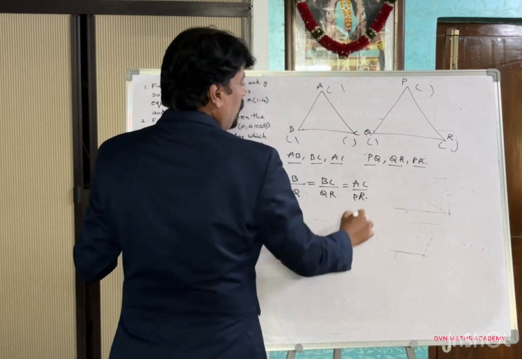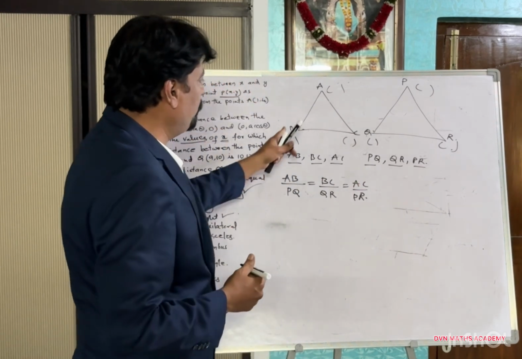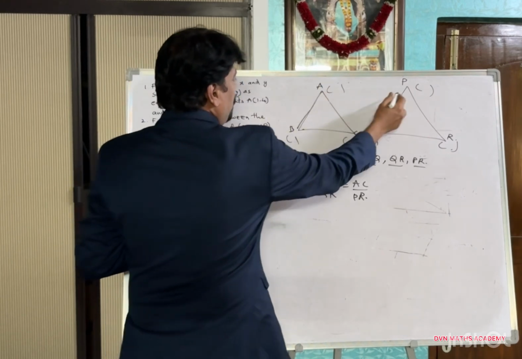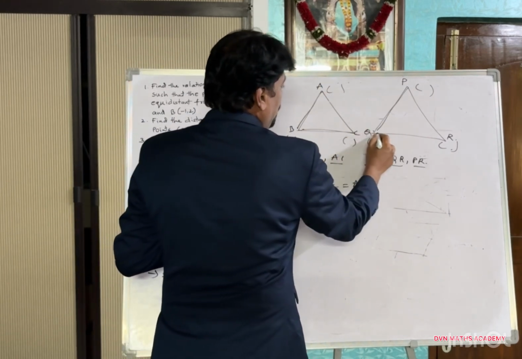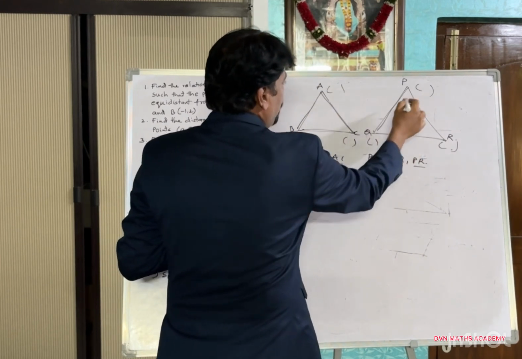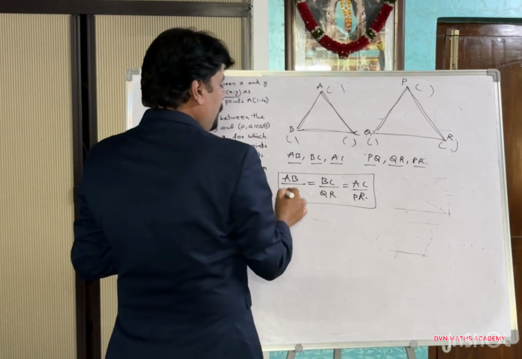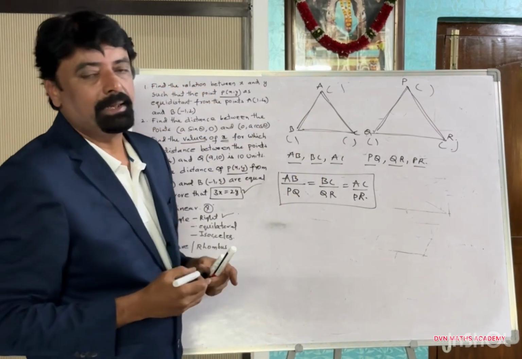We know the rule of similarity, that is the ratio of their corresponding sides should be equal. If this ratio is equal, then directly you can write a statement the given two triangles are similar.